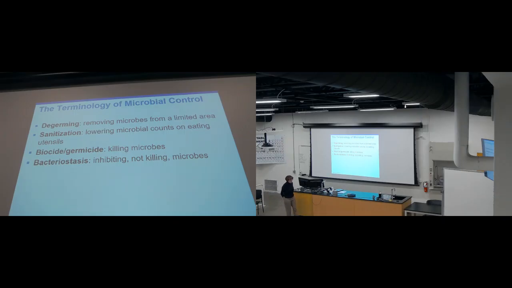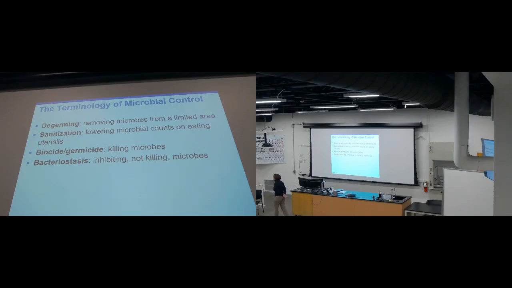So for starters, let's look at some terminology. So this includes knowing what is degerming. And degerming is a general term used for removal of microbes from a limited area. And then sanitization is the physical removal of microbes to lower these microbe counts to public health standards.